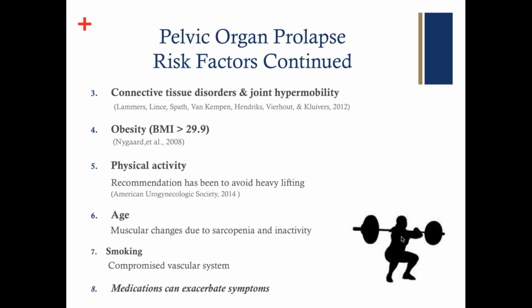And that recommendation has been a part of the AUGS for since 2014. So it's been there for a while, and it is really unique when we talk about the role of physical activity, because what one person might consider heavy lifting versus another is up to a bit of interpretation. Age.